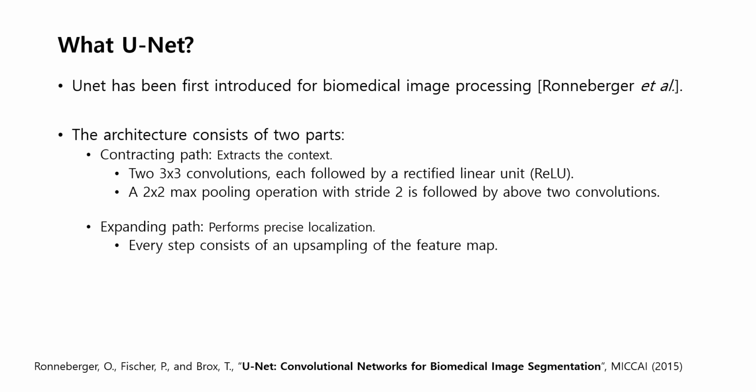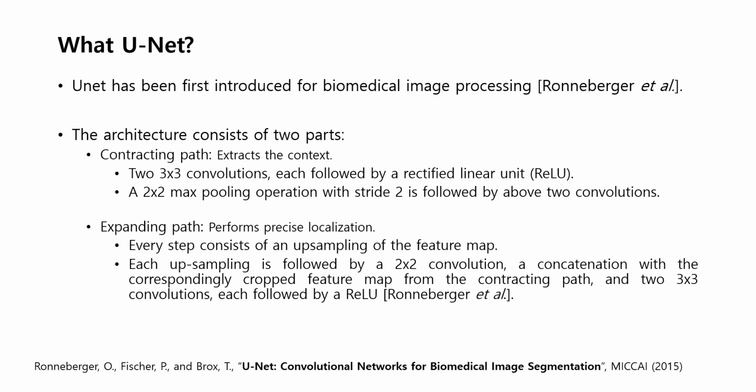And in the expanding path, every step consists of an upsampling of the feature map, followed by a 2x2 convolution, a concatenation with the correspondingly cropped feature map from the contracting path, and two 3x3 convolutions, each followed by a ReLU.